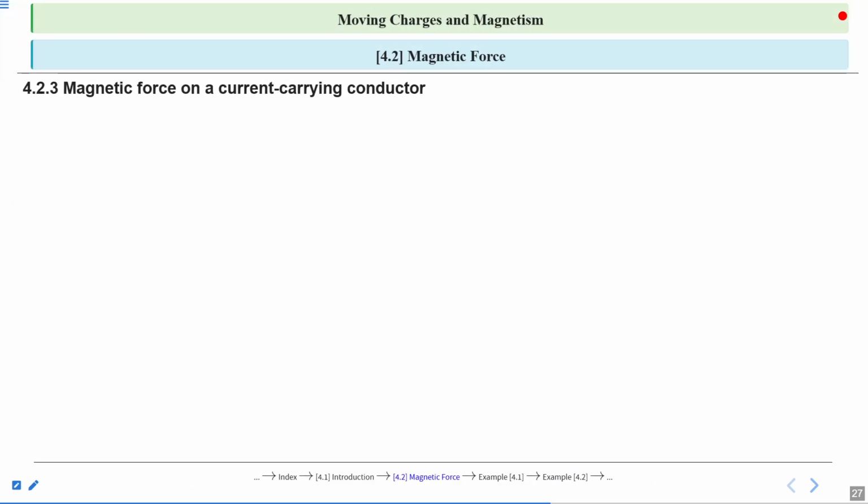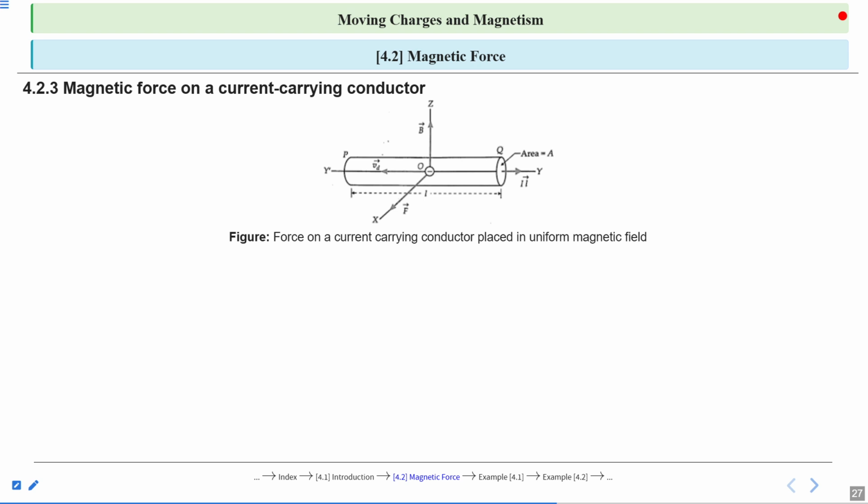Now 4.2.3, magnetic force on a current carrying conductor. So this is the current carrying conductor. There are electrons flowing through that conductor. You can see at point O there is an electron, its drift velocity is Vd.